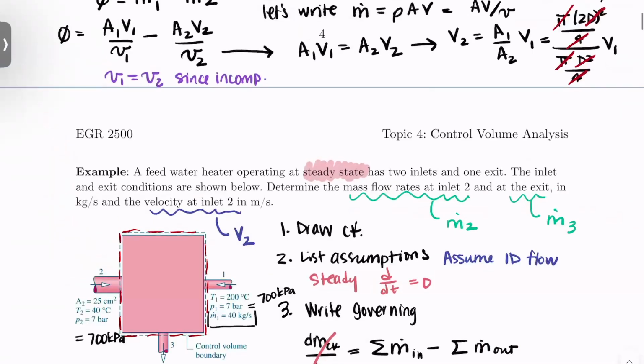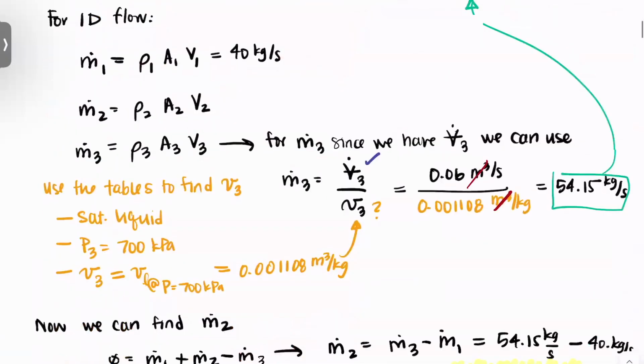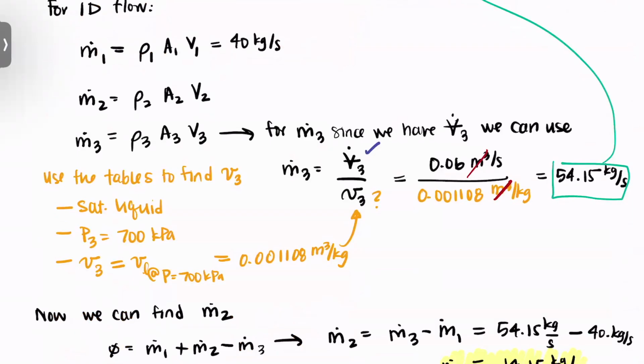Okay, so we have solved for mass flow rates at inlet 2 and at the exit. We've sorted that out. Now we want to find the velocity at inlet 2. Okay, so let's figure out V2. And to do that, I'm going to use this equation here.